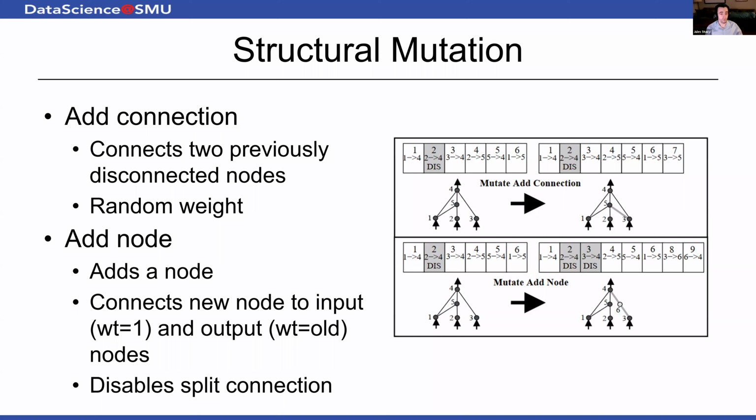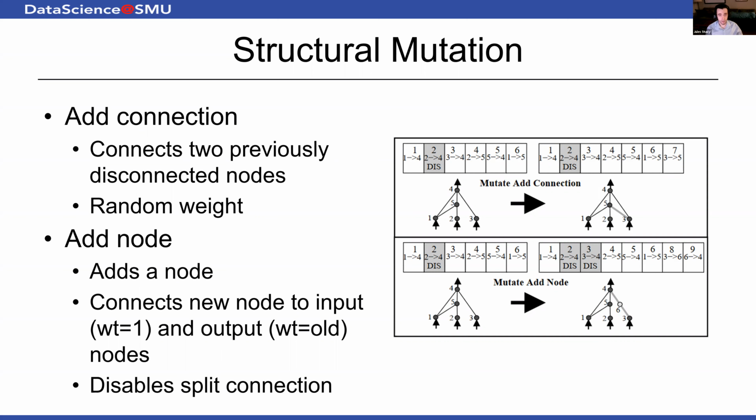When a mutation results in an added node, the added node is connected to an input and an output, and the old connection between the nodes is disabled. The input weight to the new node is equal to the old weight value, and the output weight is equal to 1, indicating a passage of all data to the next layer.